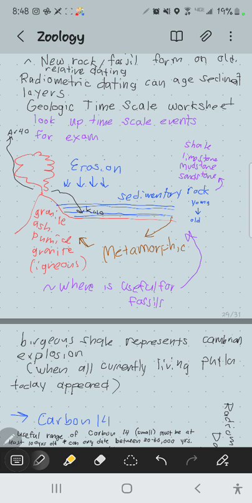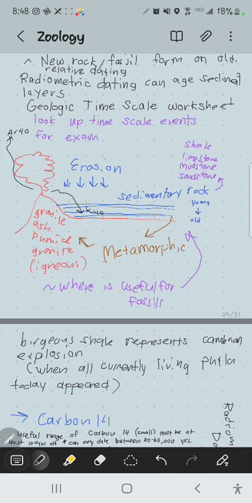So for the potassium-argon technique, you find igneous rock material: volcanic rock, pumice, lava rock. Those are all great examples of materials you would use for sampling potassium-argon. Then you can say there's a specific age range.